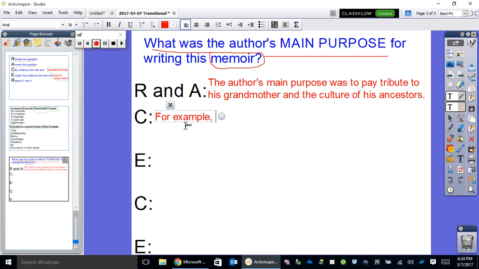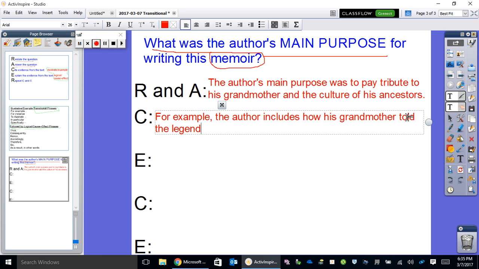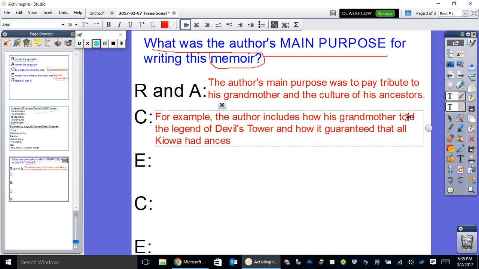So I would say, for example, the author includes how his grandmother told the legend of Devil's Tower and how it guaranteed that all Kiowa had ancestors in the sky.